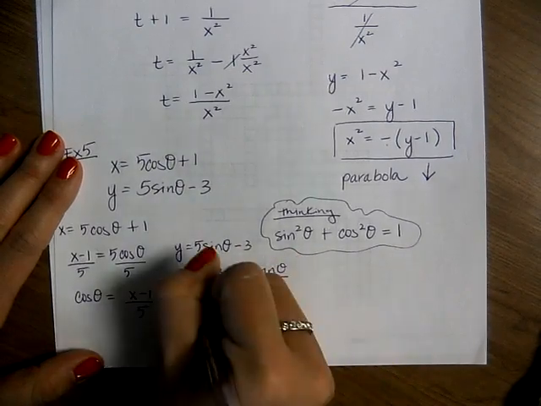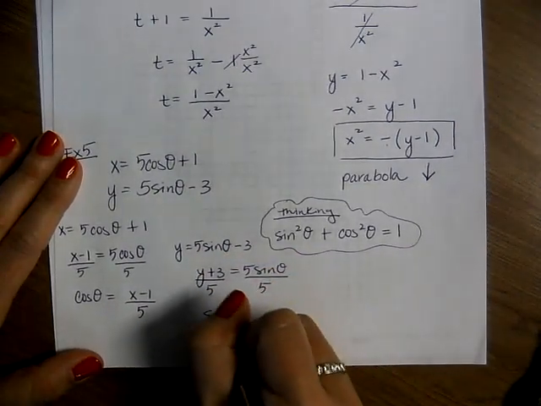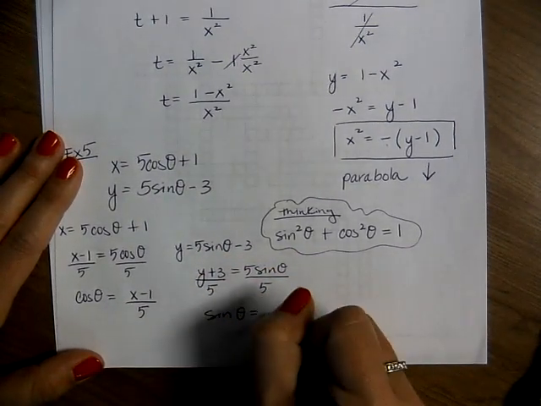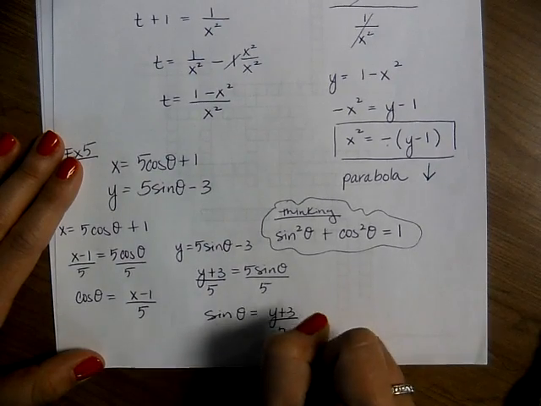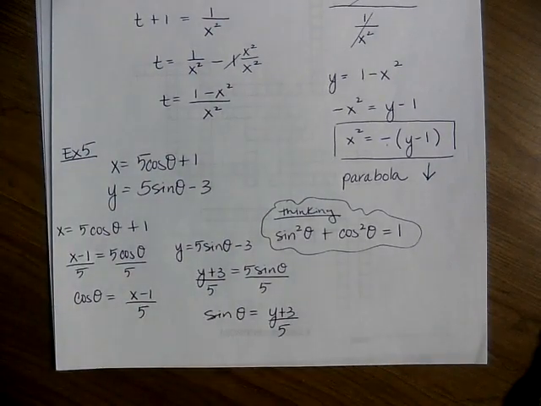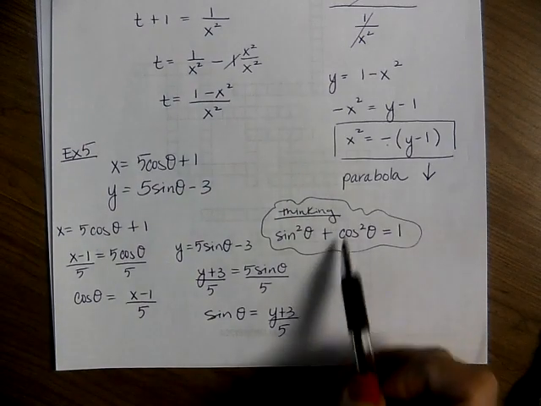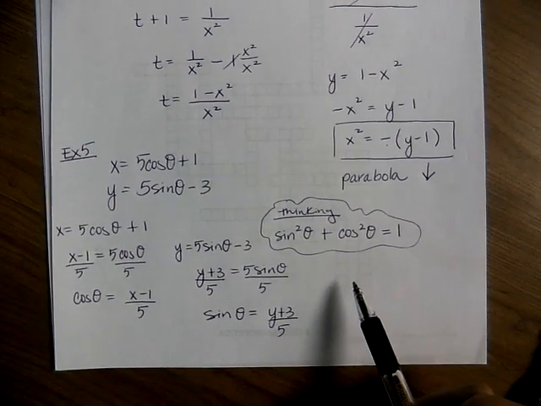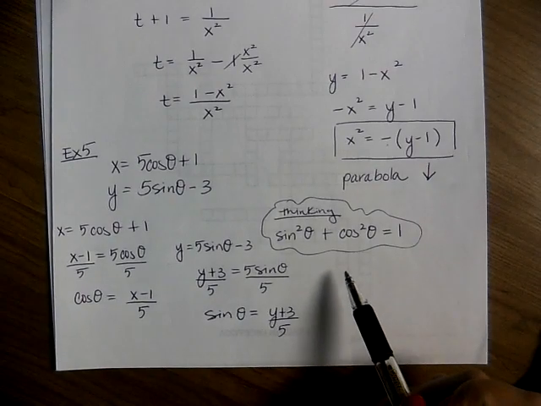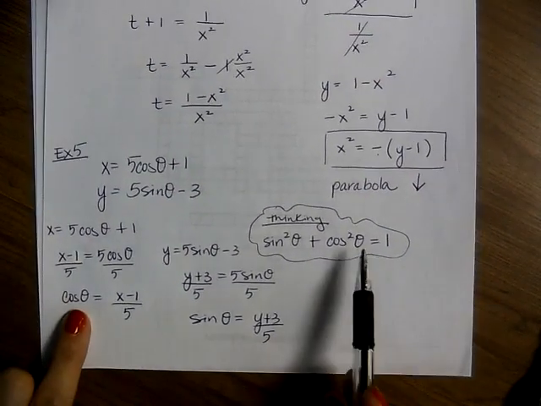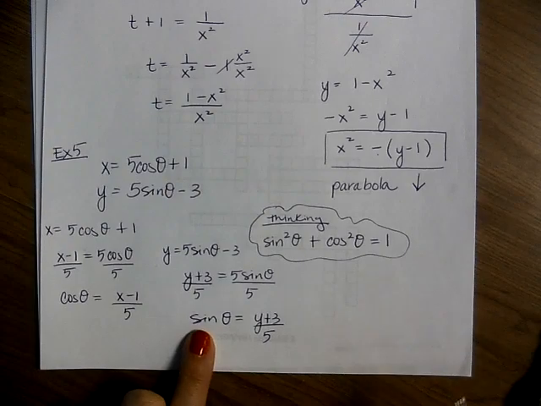I'm going to divide by the 5. So now I get sine of theta equals y plus 3 over 5. Okay, so now I know sine and I know cosine. I can eliminate them by substituting them into the identity. Remember, the goal is to just get x and y. Well, when I do that, I will eliminate cosine, and I will eliminate sine.